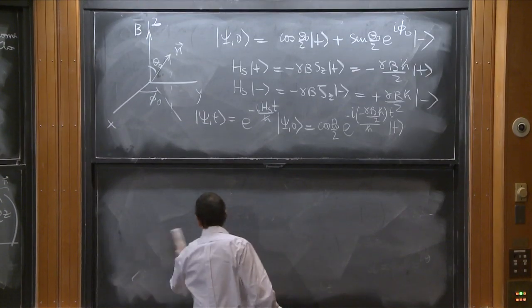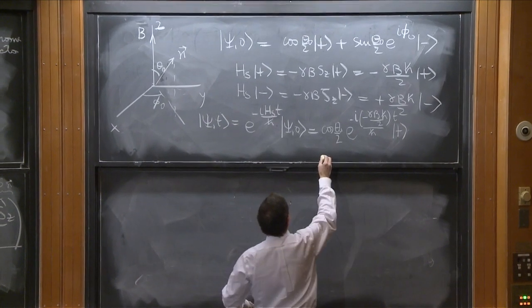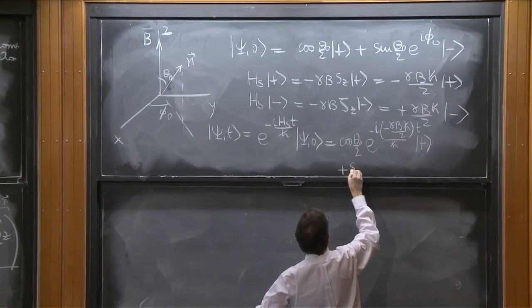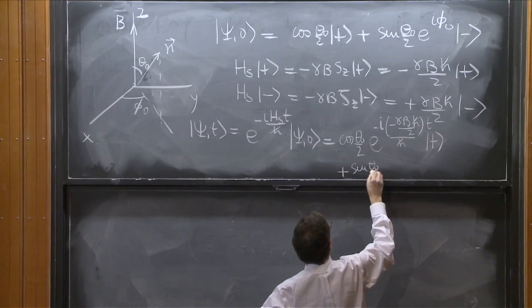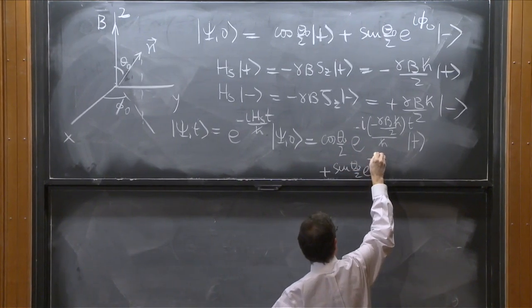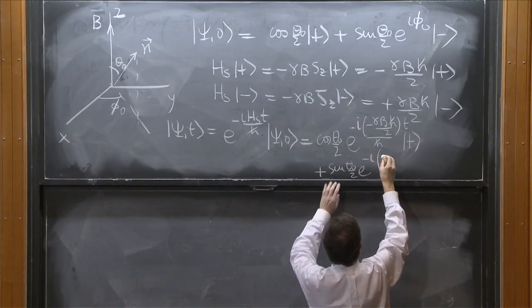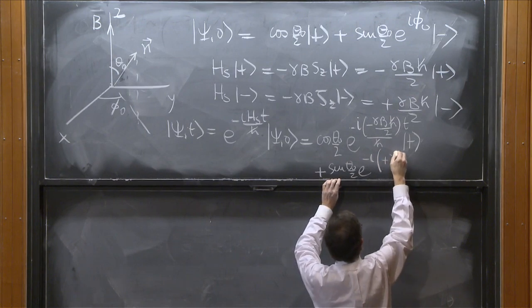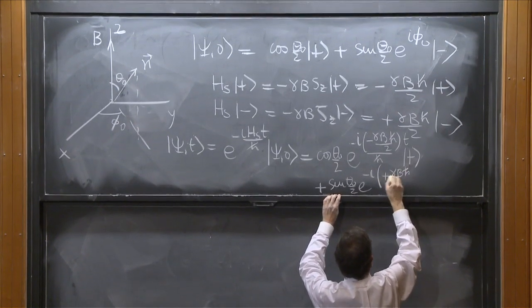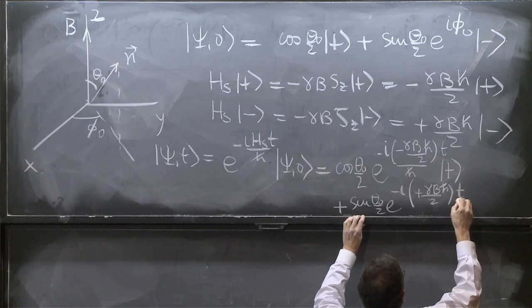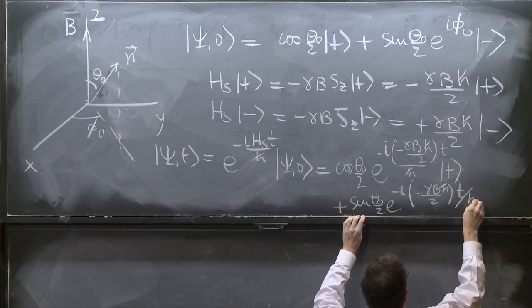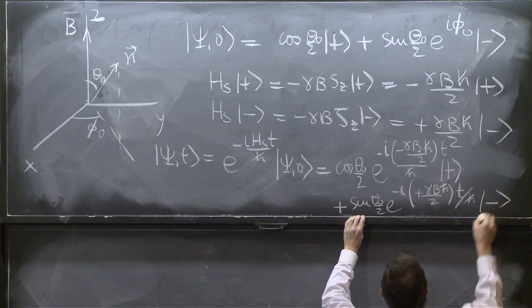So we just need to do the second term, plus sine theta over 2, e to the minus i, and now the same thing but with a plus sign, plus gamma b h bar over 2 t over h bar, on the minus state.